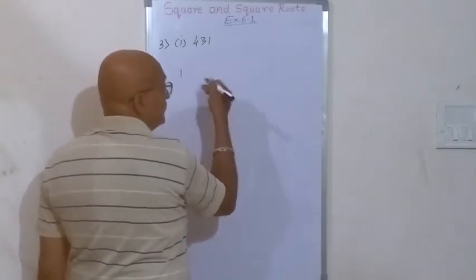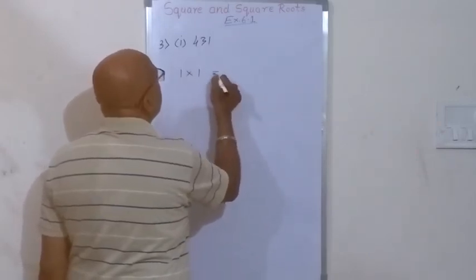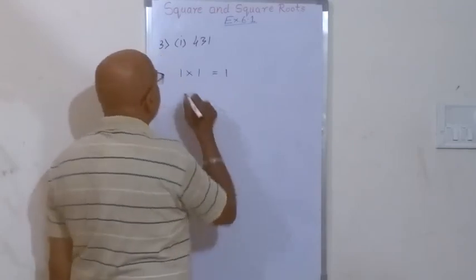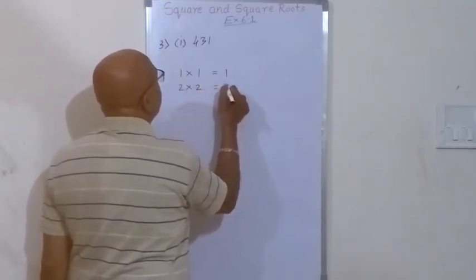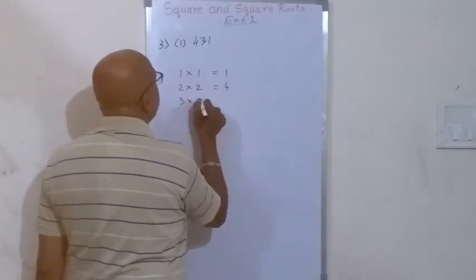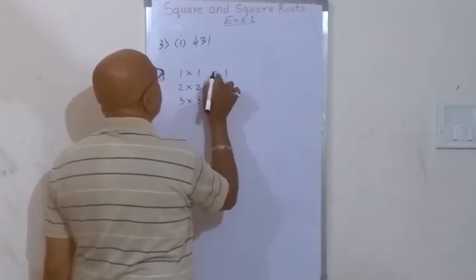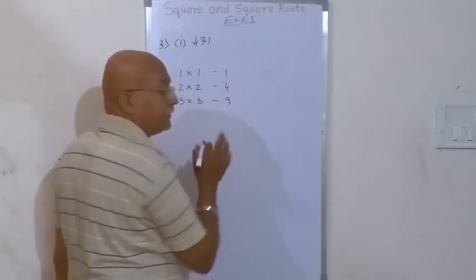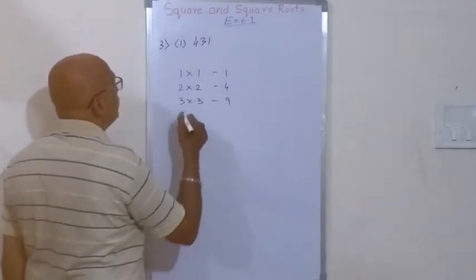then its square will have what? 1 at the unit place. If the unit place is 2, we have 4. If the unit place is 3, we have 9. I will not write equal to, because it cannot be equal; we are just finding the unit place.